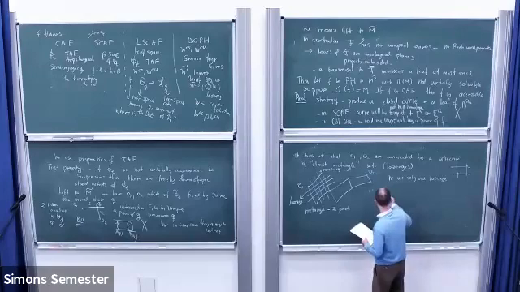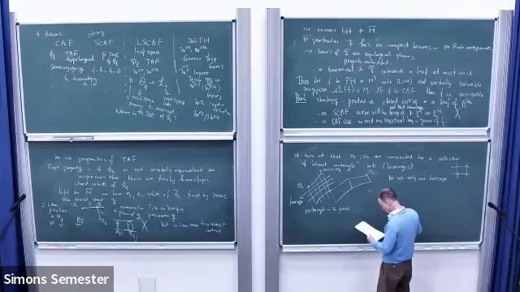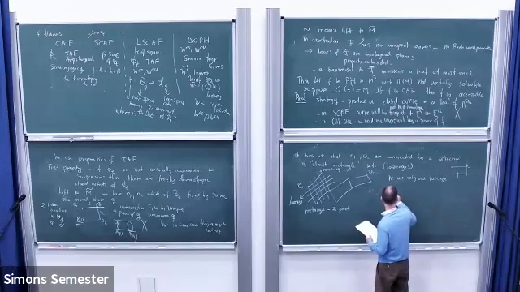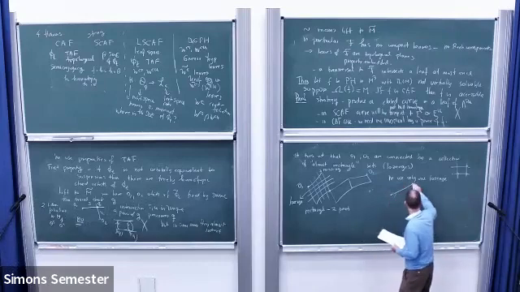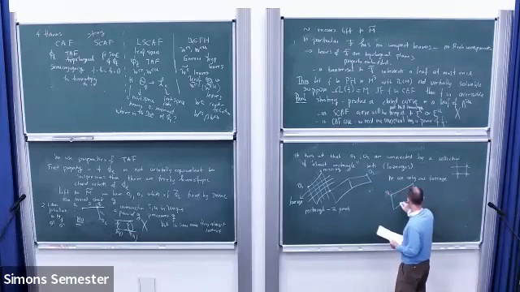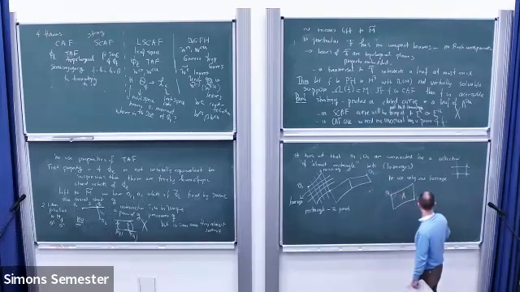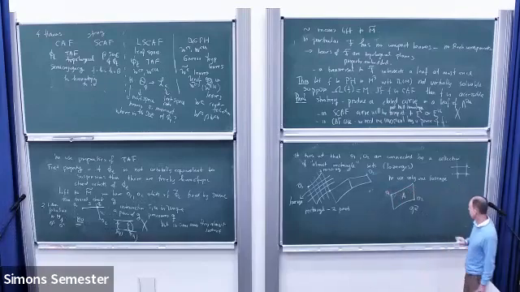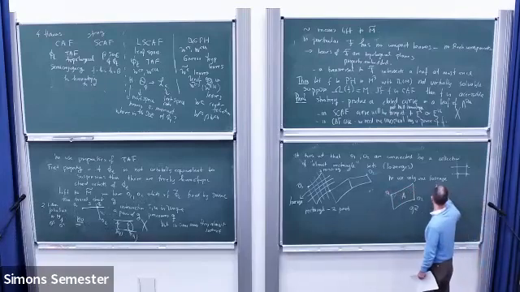So I'm going to rename the orbits: orbit 1, orbit 2, and my lozenge I'm going to call A. Right. And G leaves this in there. Okay. So here's an important fact.